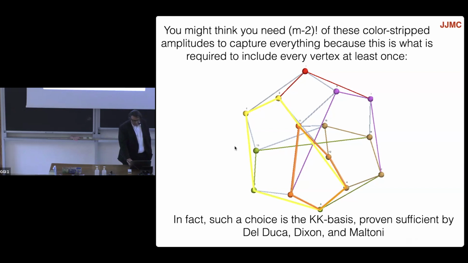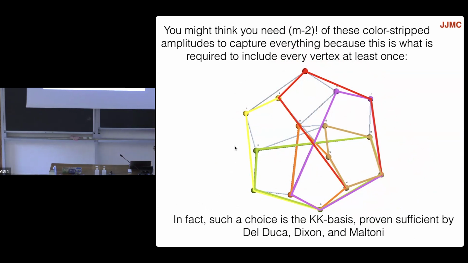You need that one and that one and that one. So you need literally 6 to touch every graph, and this is the Kleiss-Kuijf basis.